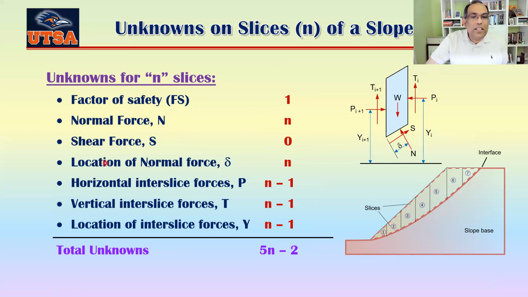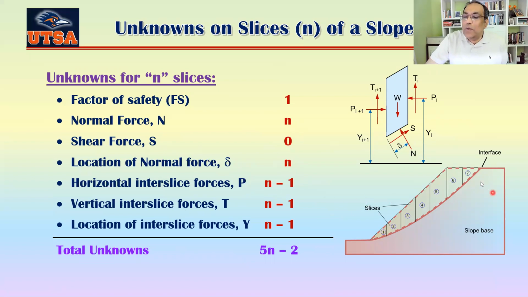Now, the location of the normal force, delta, where this one is working at the base, okay? So for n number of slices, I have n here. Now the horizontal interslice force P, that's basically n minus 1.